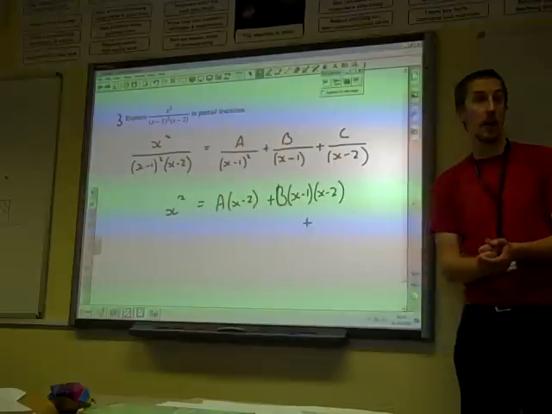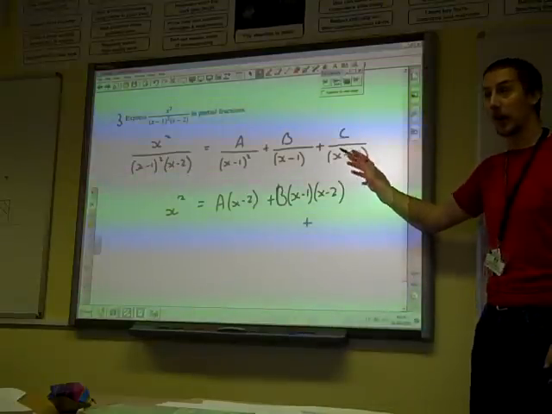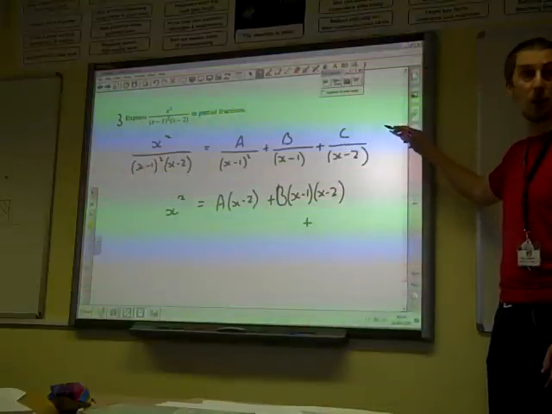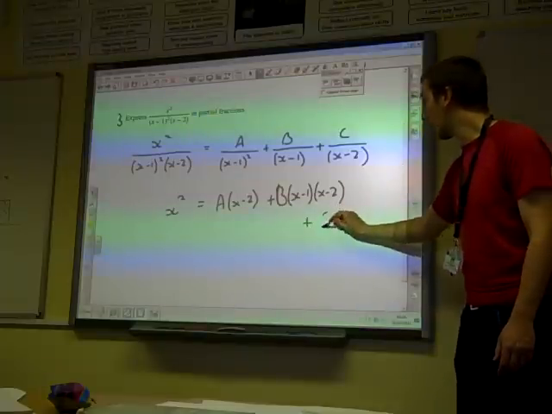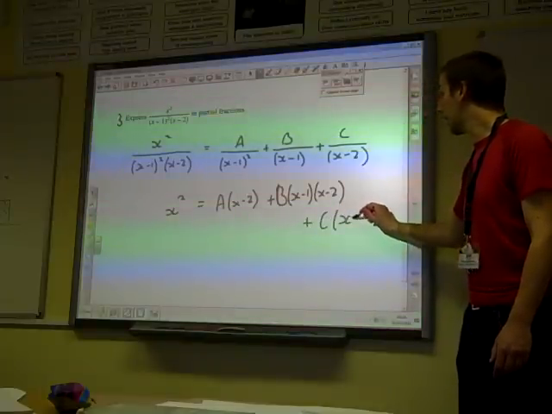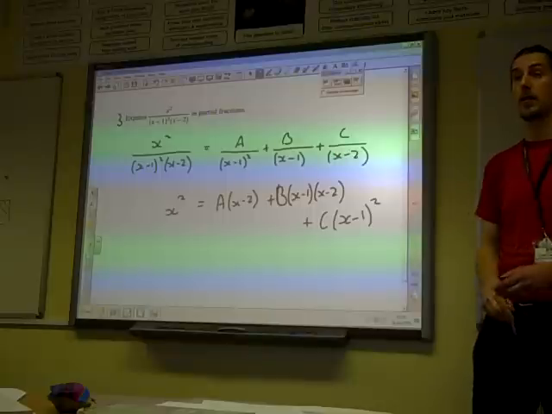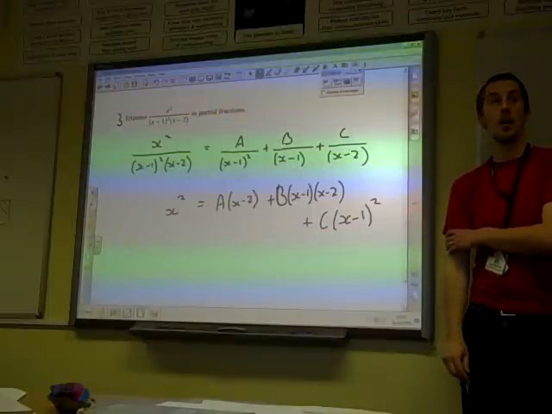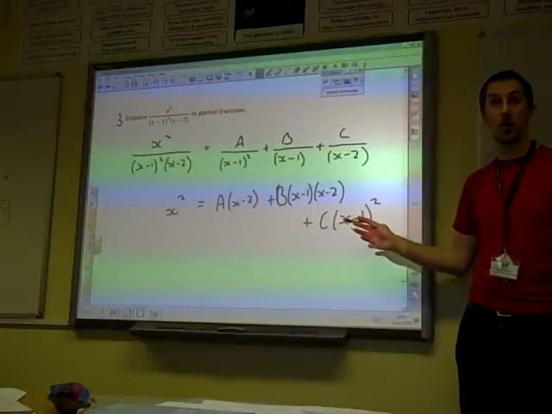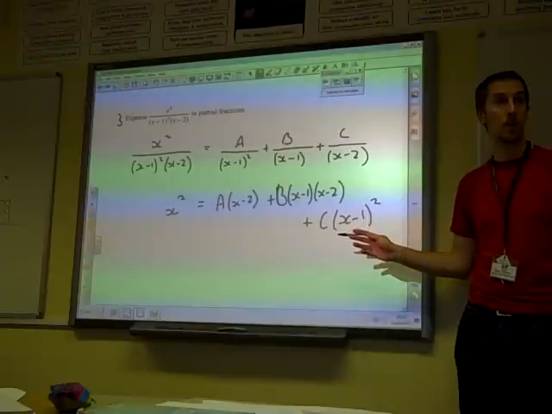And finally over here, if we multiply this, you'd have the x minus 1 squared, x minus 2 at the top. The x minus 2 cancels out, and we've got c times x minus 1 squared there. Are we all happy that that's what we end up with when we work it through?